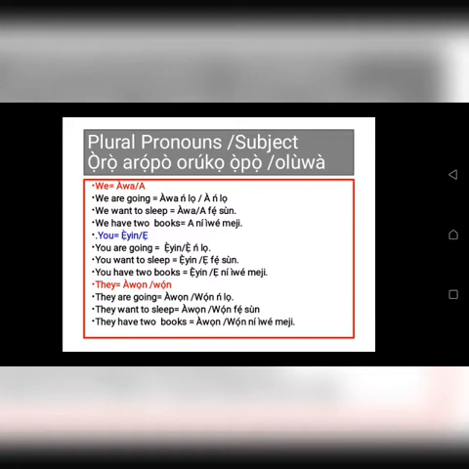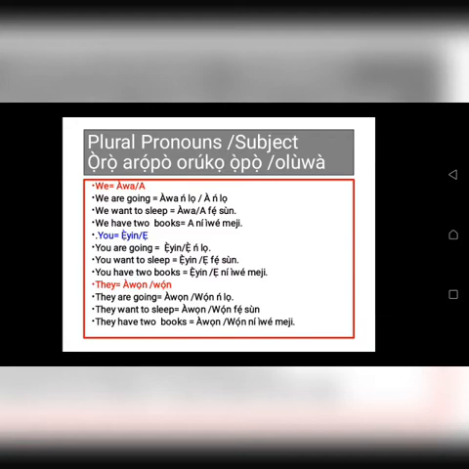Àwa means we, ń means is or are, simple present tense. Àwa ń lọ, we are going, or à ń lọ.